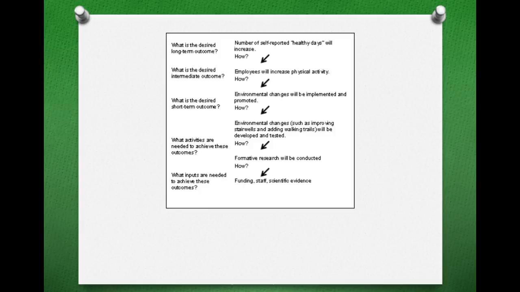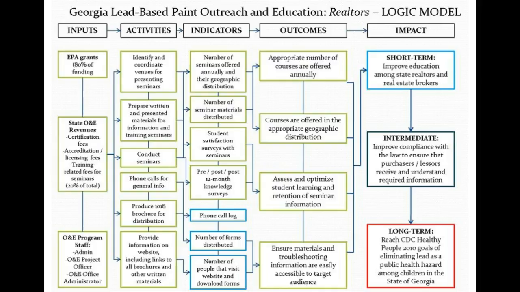We're going to make environmental changes that will be implemented and promoted. How are we going to do that? Well, the environmental changes will be things like improving stairwells and adding walking trails. These will be developed and tested. How are we going to do that? Well, we'll know that that's what we need to do because we're going to do research. So you can see how this looks backed up from the right to the left instead of the left to the right.